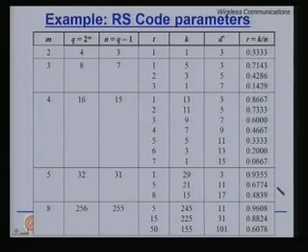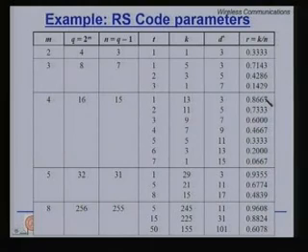Finally, the measure of the efficiency of the code, which is k over n, the code rate. So, pick for example m is equal to 4 and we are talking about q is equal to 16, for n is equal to 15. If you just talk about a single error correcting code, you have a fairly high code rate.